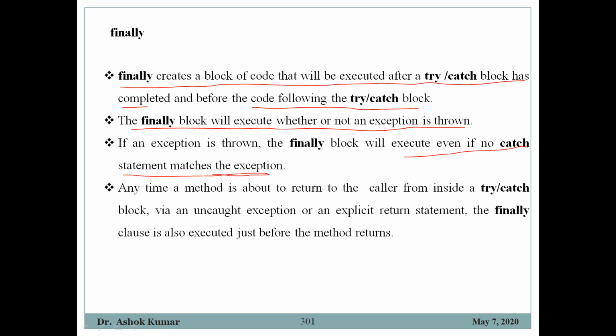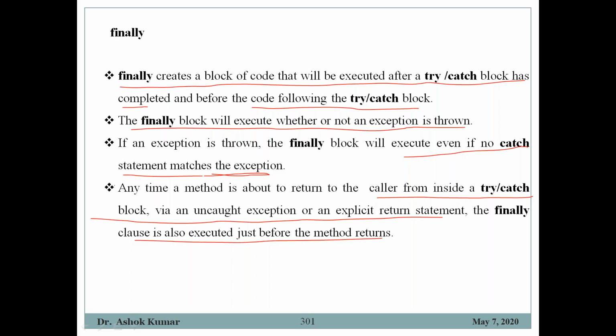And the last point is that any time a method is about to return to the caller from inside a try catch block, via an uncaught exception or an explicit return statement, the finally clause is also executed just before the method returns.